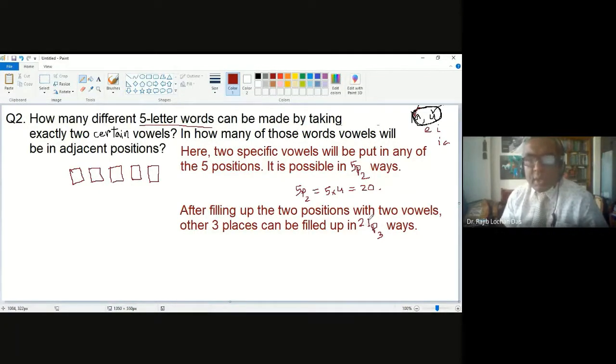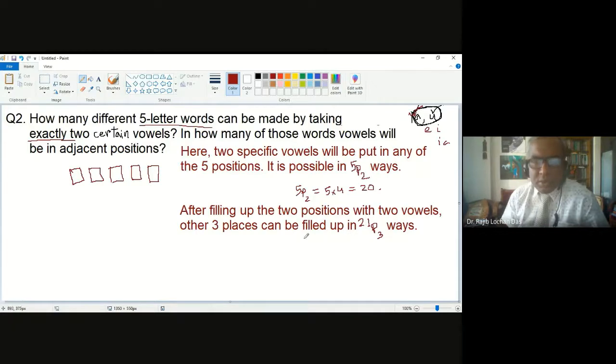So we are taking two vowels. There are three more vowels, but we are not taking those vowels because in the question it is written you will take exactly two. If you take another vowel again, then it will be 21 plus 3 plus 3, yes, but we are not taking any more vowel, so it is only 21p3.